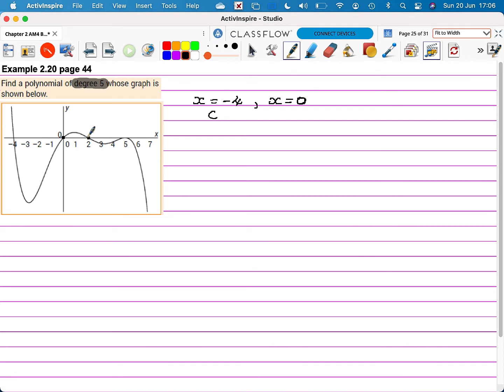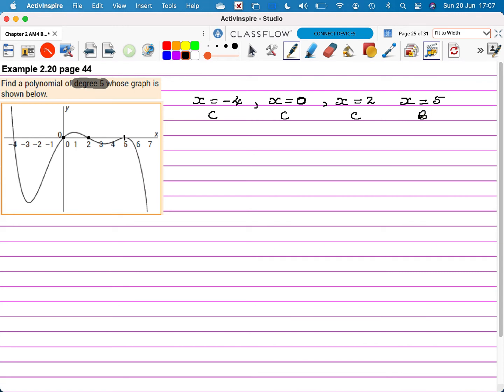The next time, and that's also a cut situation, at x equals 2 is the next root. And once again, that is cutting the x-axis. And then at x equals 5, it is meeting the x-axis, so we call that a bounce.